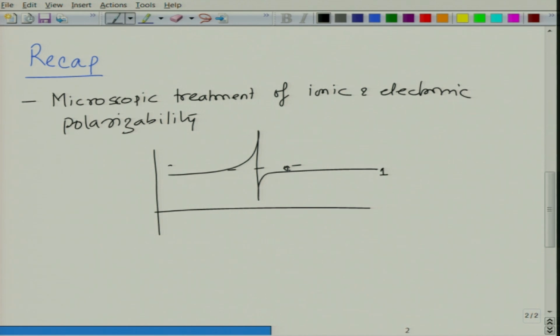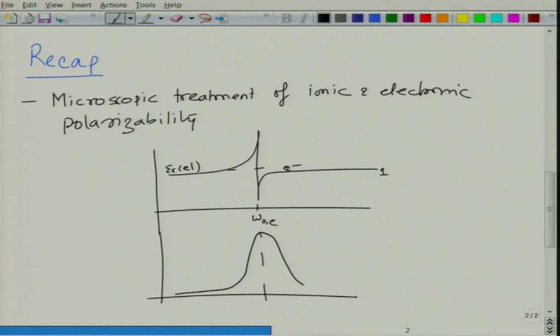So, if this is 1, this would be epsilon r electronic and this would be omega O E, for instance, and at the same time you will have a peak in epsilon r double prime, which is where your omega tau will be equal to 1.